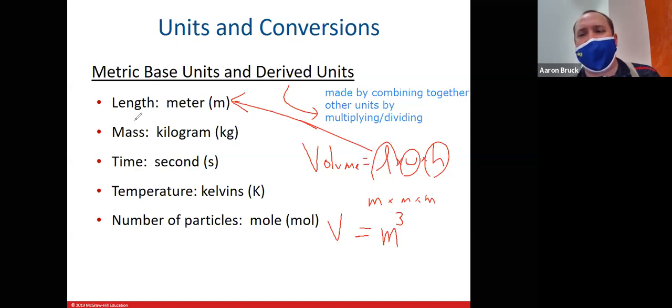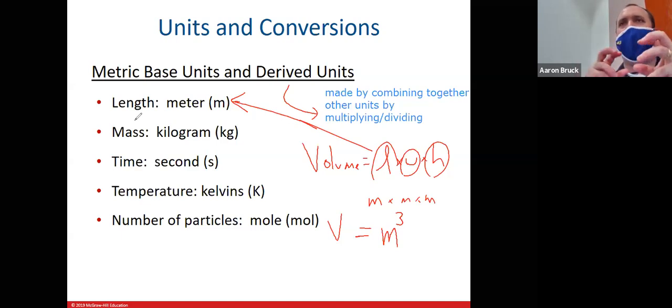Anytime you see a unit that involves the combination of other units, that is by definition a derived unit. So if we give you something that is grams per milliliter, which is a density unit, well, that's a derived unit. I had to take a mass and divide it by a volume to get it.